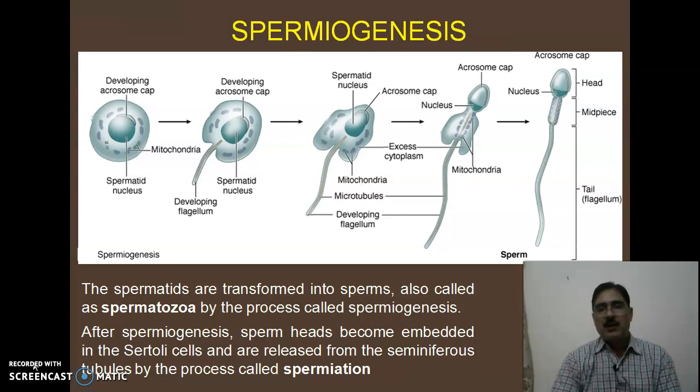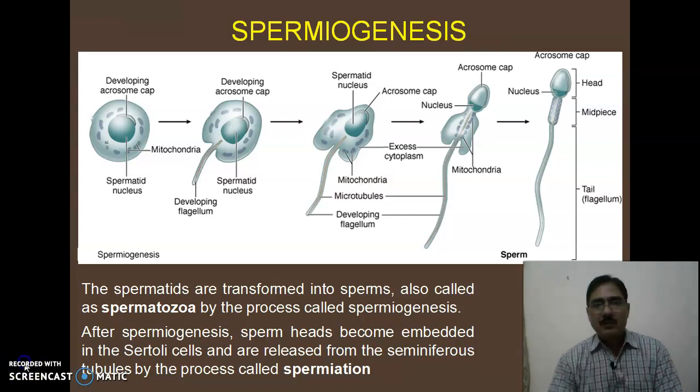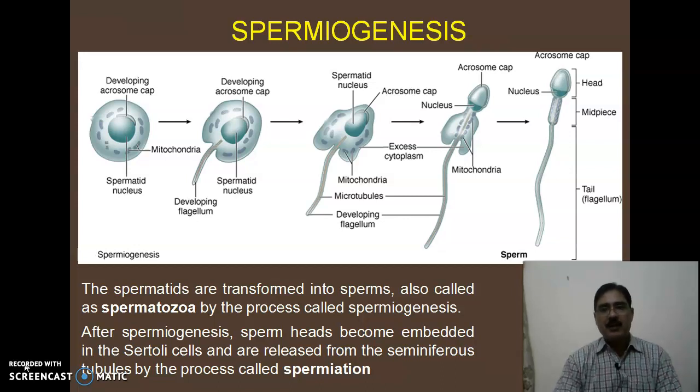So we are talking about the mitochondria. The mitochondria, which were initially segregated, start collecting at a particular place, and then they are mainly present only in the middle piece.